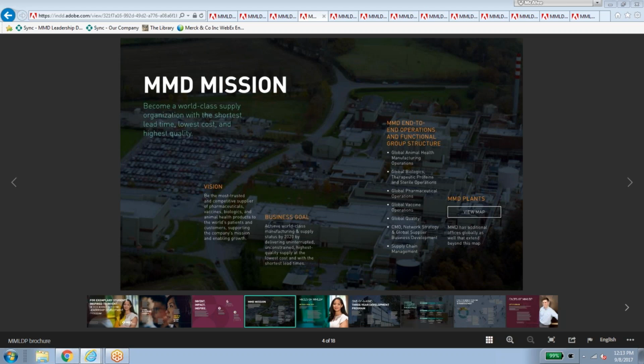And the way that we'll be able to do this is by delivering uninterrupted, unconstrained, highest quality supply at the lowest cost with the shortest lead times. So that's what the vision, the mission, the business goal of our division looks like. And ultimately, we achieve this through how we have structured our manufacturing division.